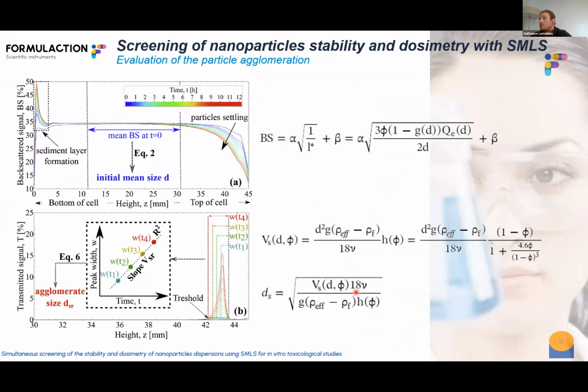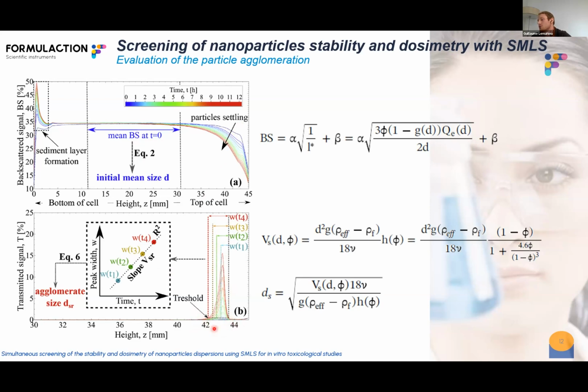So what we do here, for example, is that for the first scan, we determine in the middle of the sample a mean back scattering value at initial time, which gives you an initial mean particle size. And from the destabilization of the sample, here is back scattering, so it's a concentrated sample. If you have, for example, destabilization, here a particle settling, you will have an increase of transmission at the top of the sample. From that, we can define a transmission threshold.